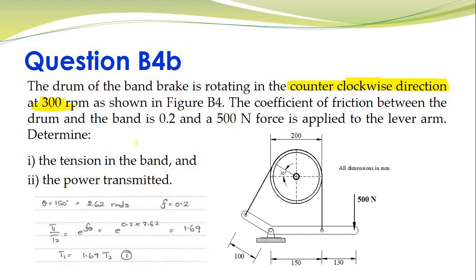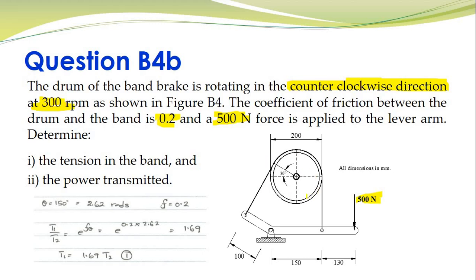The coefficient of friction between the drum and the band is given as 0.2, and a force of 500 Newton is applied to the lever arm as indicated over here. You are to determine the tension in the band, that is the tension in the tight side and the tension in the slack side, and finally the power that can be transmitted.